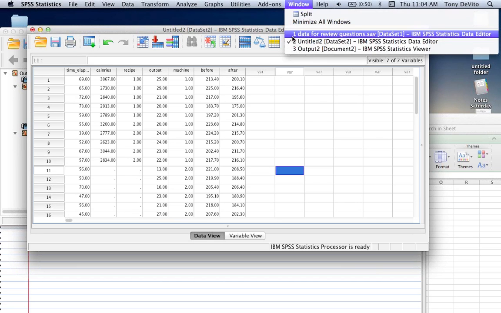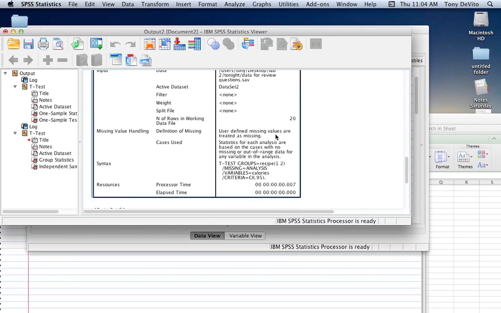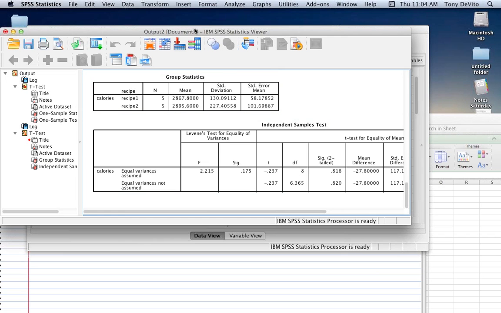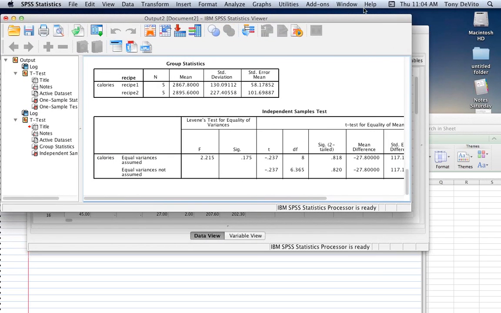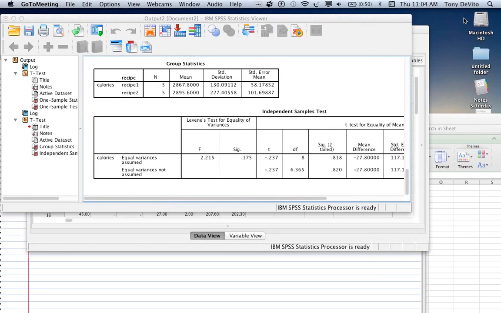So I'm going to go to my output window, and let's see what I got here. Okay, so here are my averages. My average calorie count, as it was in Excel, came out to be 2867 for group one. For group two, it came out to be 2895. Well, SPSS calculates the standard deviation for each one of these.